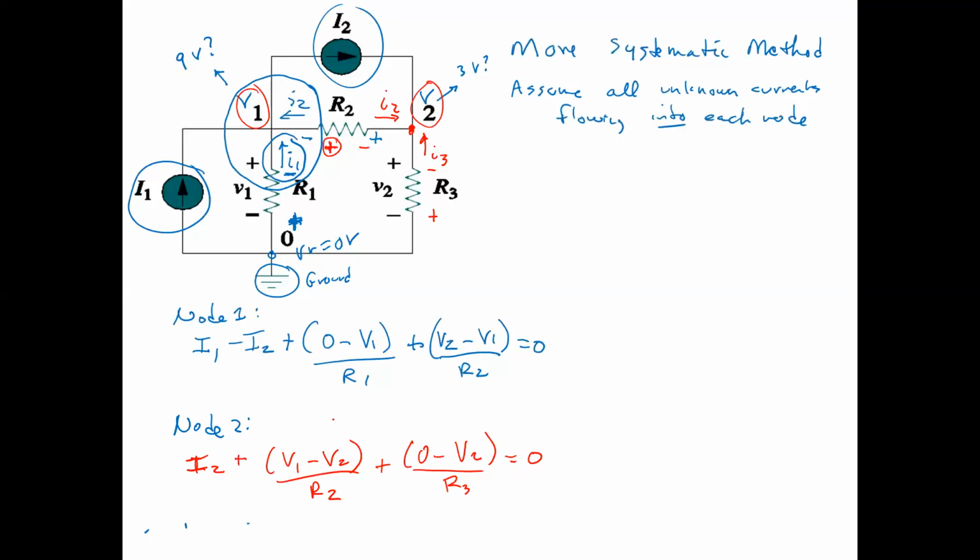Notice this term here is always the node that correlates with node 2, right? So the second one is always going to be the node that you're looking at. The first one is always going to be the far node, right? It's the far node minus the node that you're flowing into divided by the resistor. Very mechanical, right? You just do that over and over again, and it works out just fine.